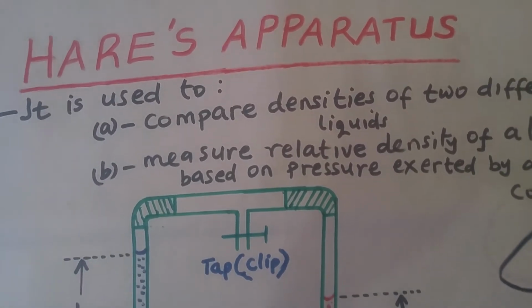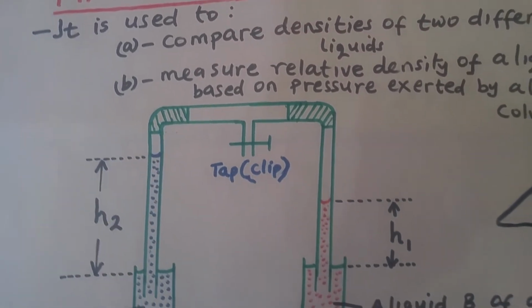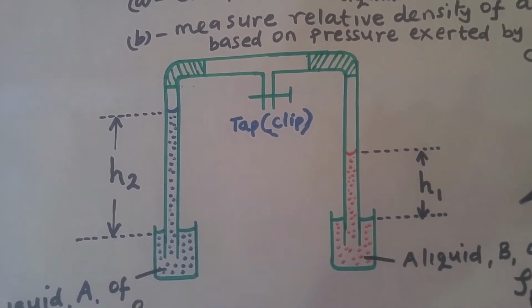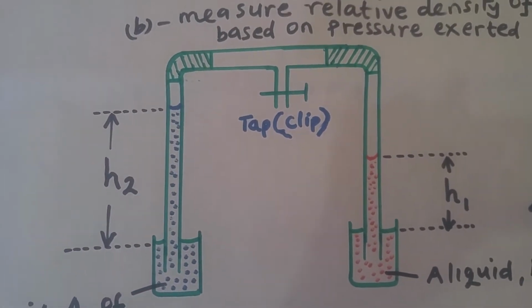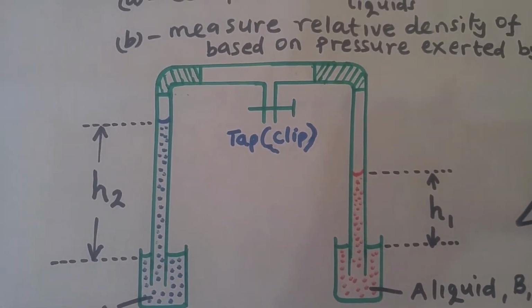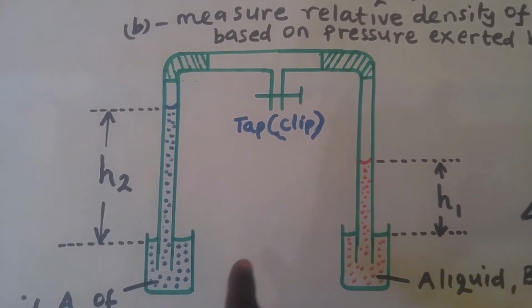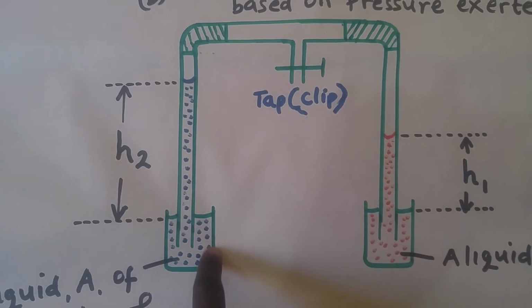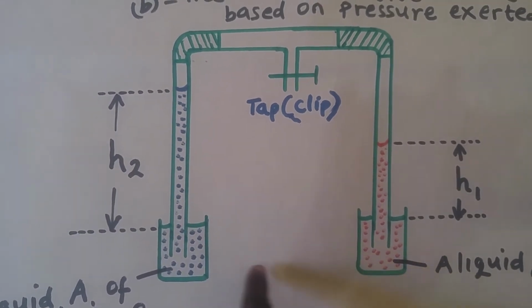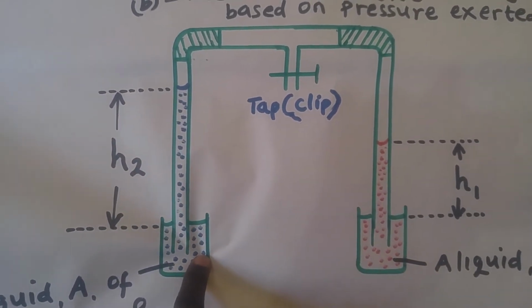Now Hare's apparatus is exactly this diagram you are seeing. You realize that in Hare's apparatus, you have two kinds of containers, this one and this one. This one is holding a different liquid.